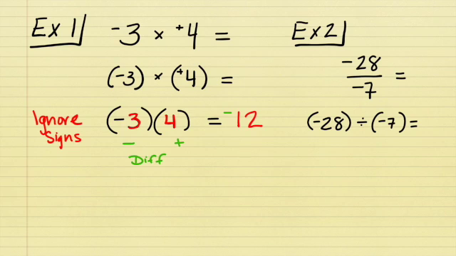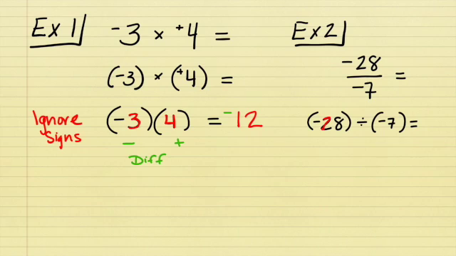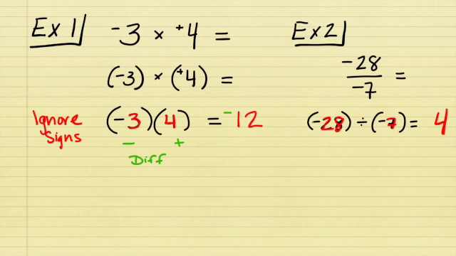Remember, the first thing we do is we just look at the numbers. We have a 28 being divided by a 7. And we know that 28 divided by 7 is 4. Now go back and look at the signs. We have a negative and a negative. They are the same.